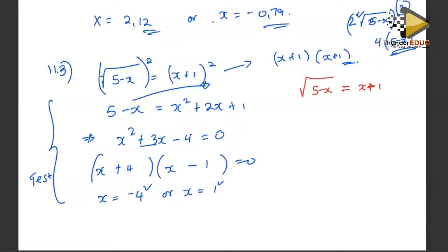So let's start with the positive one. 5 minus 1 is going to be a 4. Square root of 4 is going to be a 2. And then 1 plus 1 gives us a 2, which means this solution is valid. Let's try with negative 4. 5 minus minus 4, that's going to give us the square root of 9, which gives us a 3. On the right-hand side, negative 4 plus 1 gives us a negative 3.